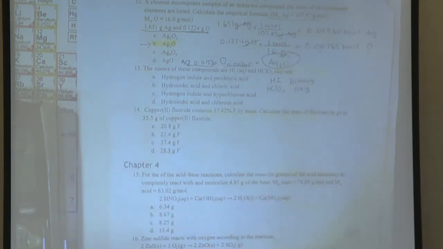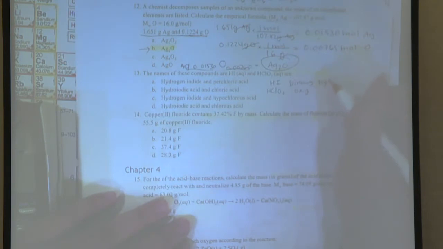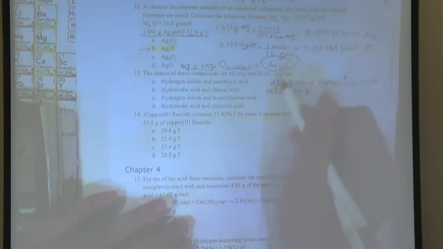The thing about binary acids is that they're very easy to name. You're just going to write hydro, then whatever its name is here, and then acid. So here this would be hydroiodic acid.